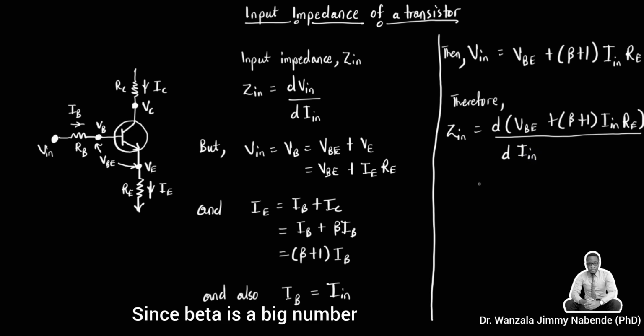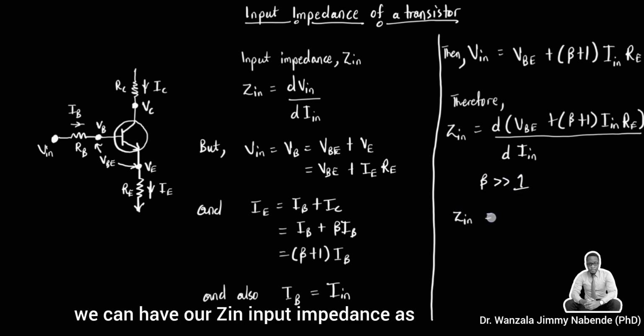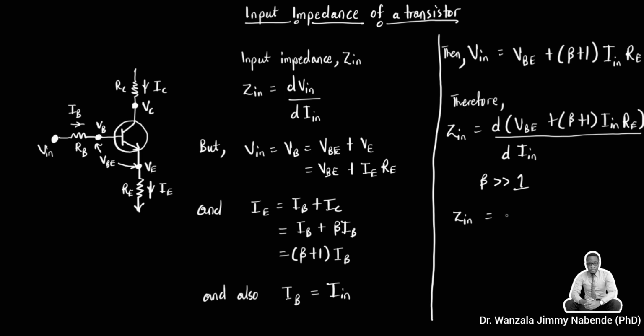Since beta is a big number, beta is far greater than 1, we can have our Zin input impedance as beta plus 1 times RE, approximating to beta RE.